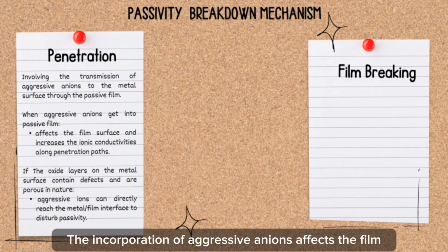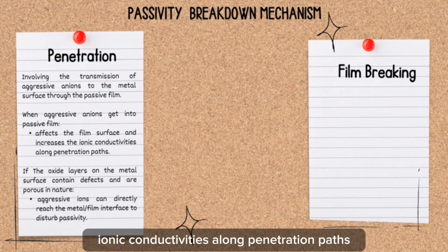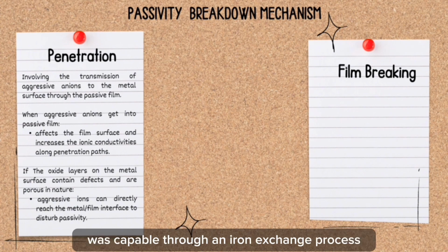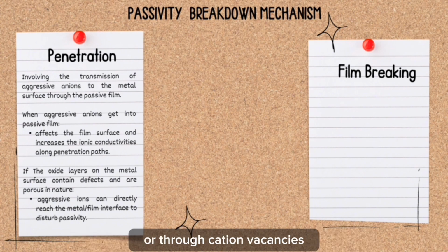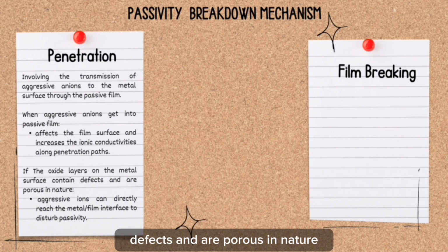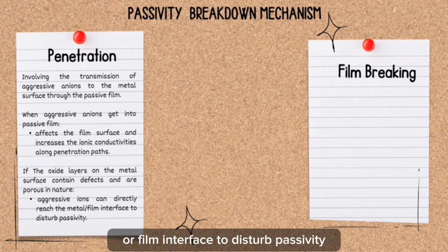The incorporation of aggressive anions affects the film surface and increases the ionic conductivities along penetration paths. Ion penetration of oxide films is possible through an ion exchange process or through cation vacancies. The oxide layers on the metal surface contain defects and are porous in nature. Thus, through these pores, aggressive ions can directly reach the metal or film interface to disturb passivity.